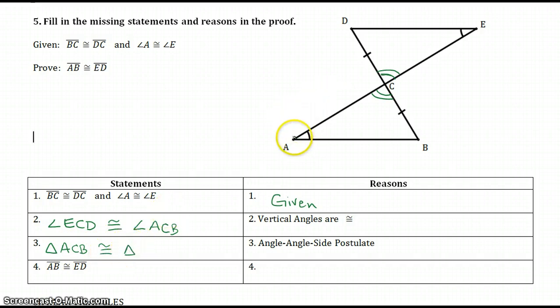See, we started with ACB, so we're going to have to start with ECD. ECD. And that's by angle-side. And then the final statement is that segment AB is congruent to segment ED. And why can we say that? We can say that because corresponding parts of congruent triangles are congruent.